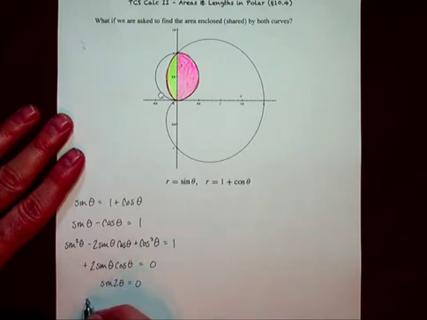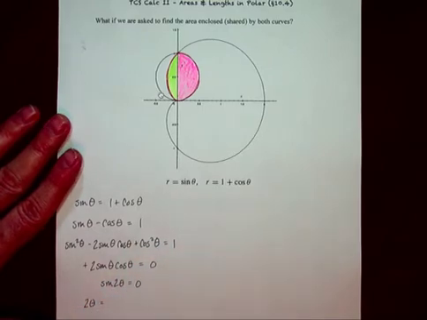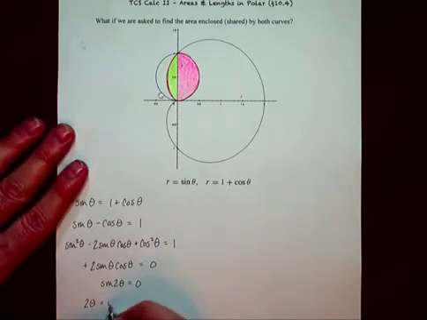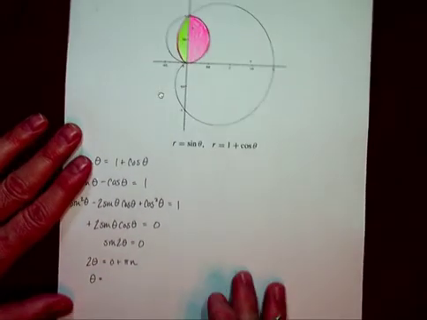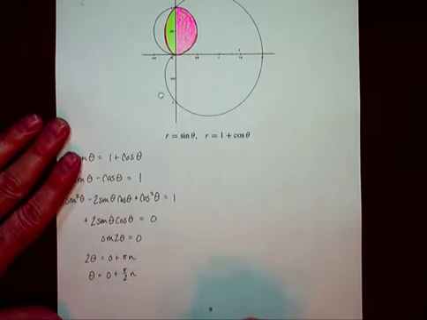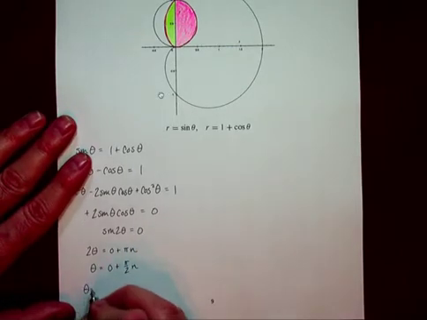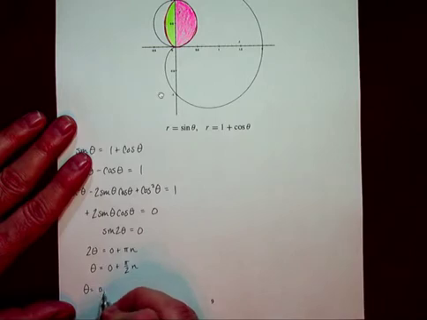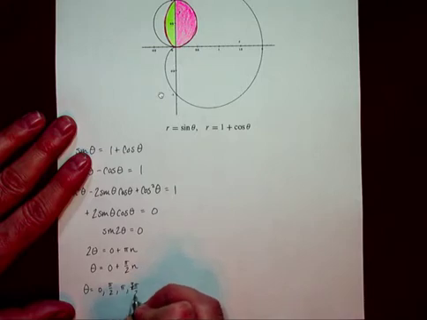Now, we know sine is equal to 0 where its angle measurement is 0 plus pi n. That means that our points of intersection for these are going to be theta equals 0 plus pi over 2 n. And that means that theta, for our purposes here, can be 0, pi over 2, pi, and of course 3 pi over 2.